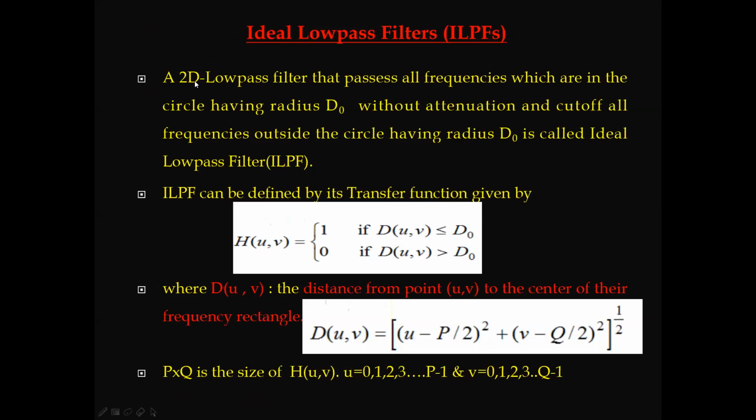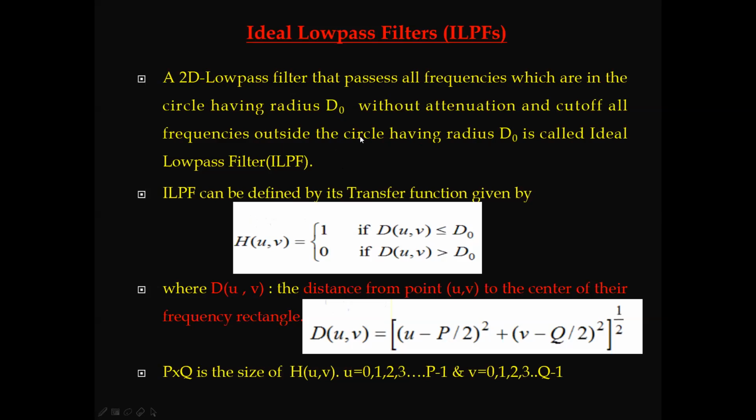So a two-dimensional low pass filter that passes all frequencies which are in the circle having the radius equal to D0 without attenuating, and cuts off all the other frequencies outside the circle having the radius equal to D0, is called an ideal low pass filter. So here one thing you have to remember.